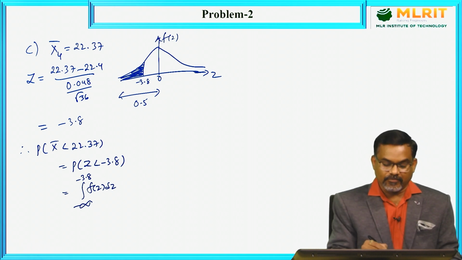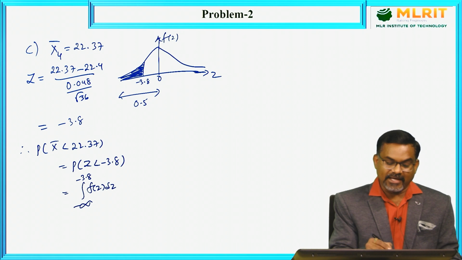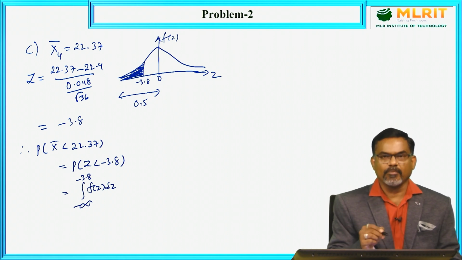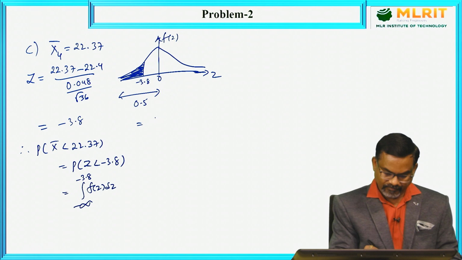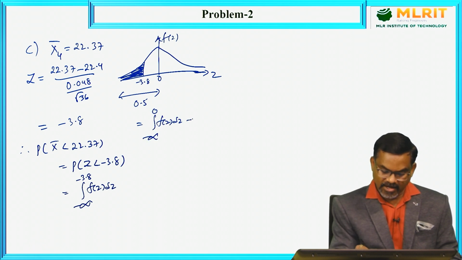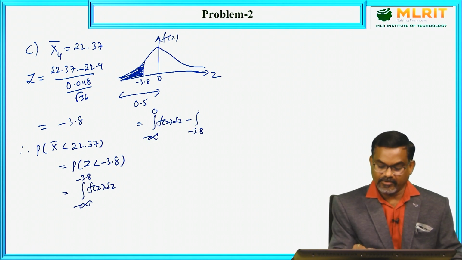Therefore, if we subtract the area from minus 3.8 to 0 from 0.5, we will get this shaded region, and therefore, this value is equal to minus infinity to 0 f of Z dz minus 3.8 to 0 f of Z dz.